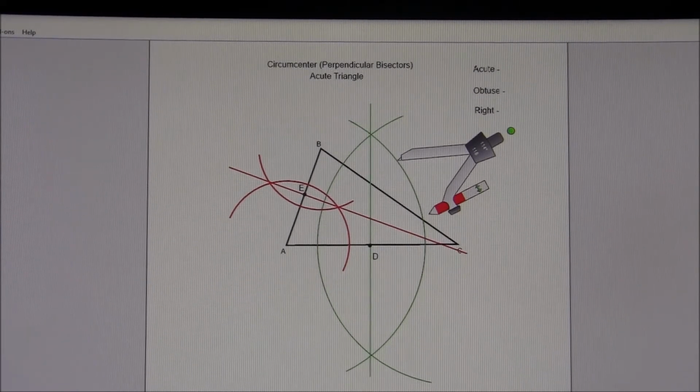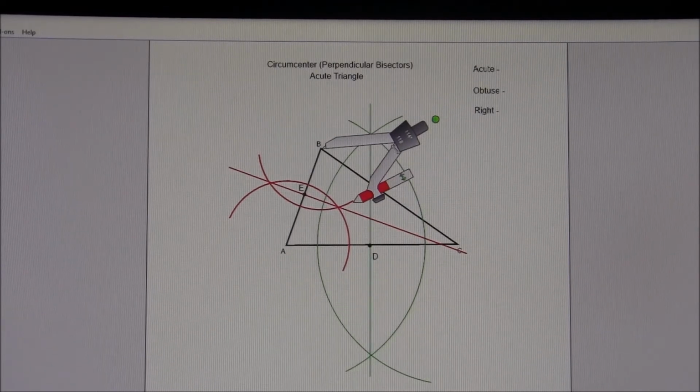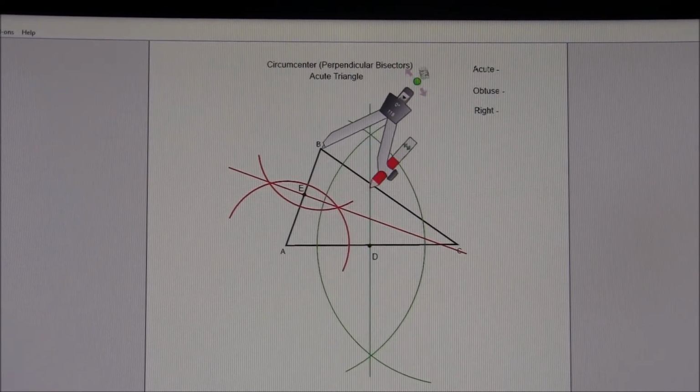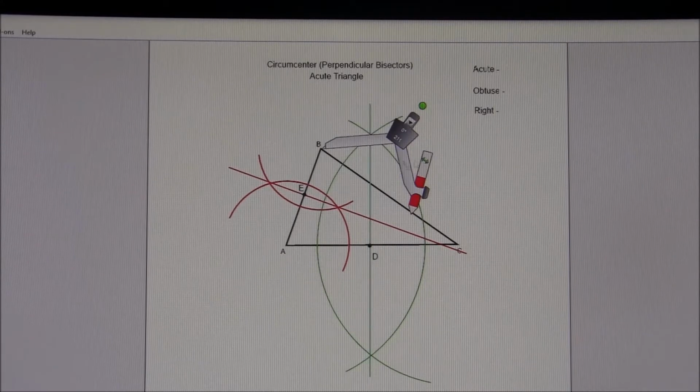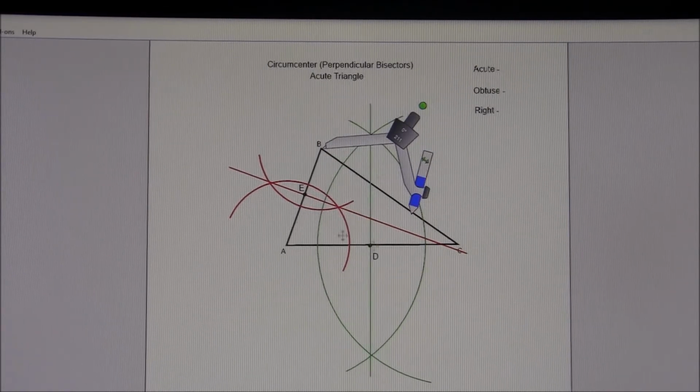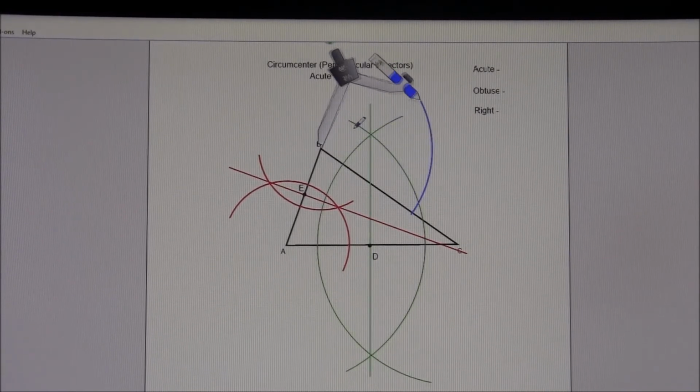Alright. Let's see if my compass can open up that wide. Because remember, we need it more than halfway. Yeah, we can. Now let's change the color to blue. If you can't keep track of which arc it is, especially if you're doing it in just regular pencil, you gotta make sure.